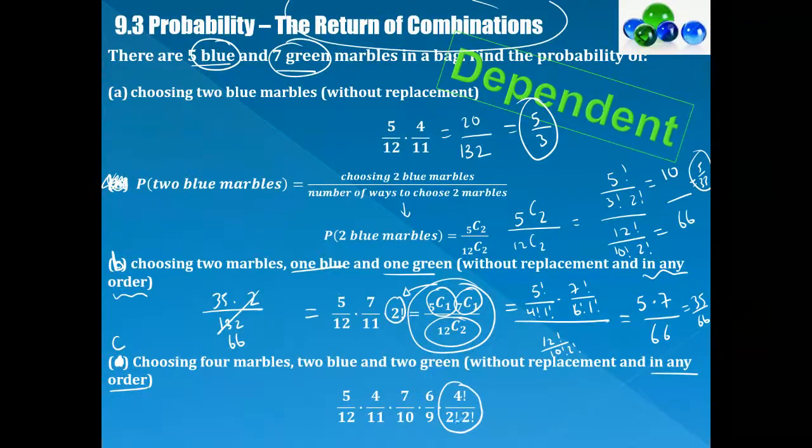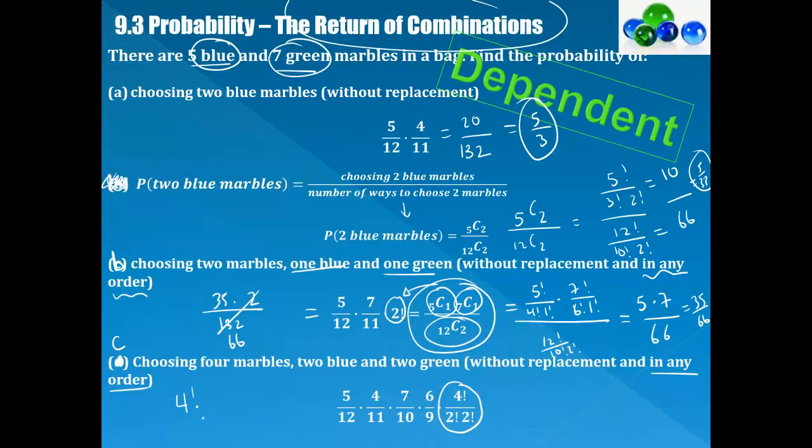What does this mean? Let's think. So I get a blue, and then I get another blue, and then I get a green, and I get another green, right? So this is assuming it happens in this order. I want to figure out how many ways I could have ordered these 4.